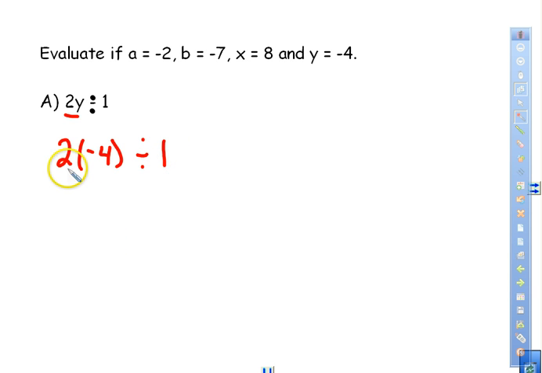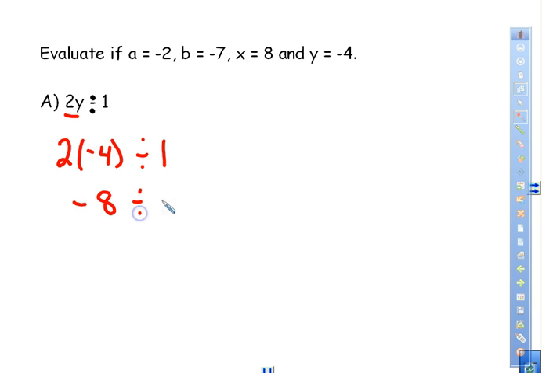So let's take this first. And again, PEMDAS, our order of operations, says that we must multiply or divide working left to right. So we need to make certain that we do it in that order. We will start left to right. 2 times a negative 4, since those are different signs, therefore it's going to be negative, and 2 times 4 is 8.